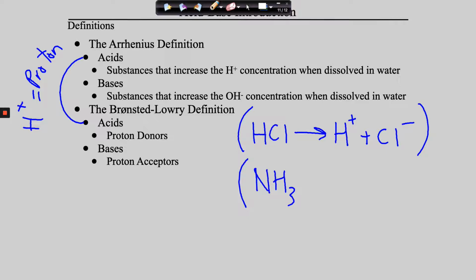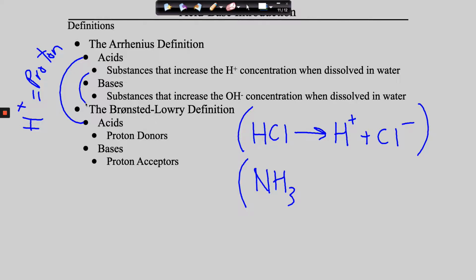So guys, now that we understand that, we can now take this idea. So let's do this. Arrhenius definition. What do bases do? Just read it. In the Arrhenius definition, what do bases do? They make OH go up. But guys, check it out. In the Bronsted-Lowry definition, it's saying exactly the same thing.